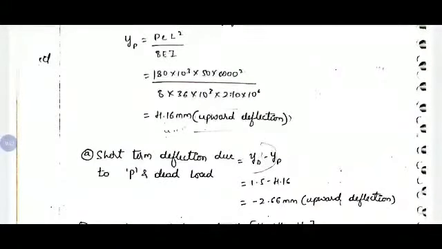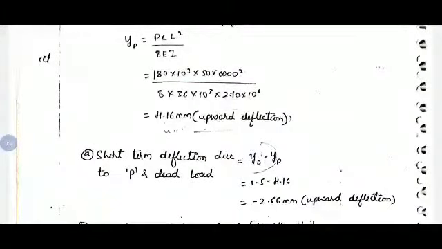In the rectangle we are going to consider half of the span, so length will be L by 2 and height will be PE. So PE L by 2 into L by 4, that is the centroidal distance, over EI. On simplifying you will get PE L square by 8 EI. Substitute the values and we will get 4.16 mm.